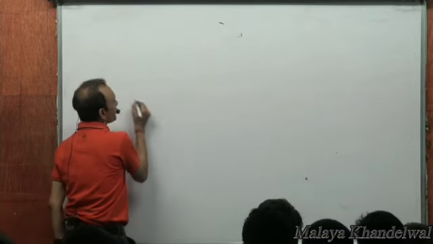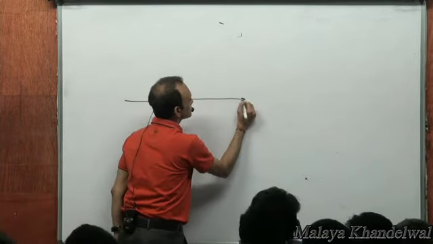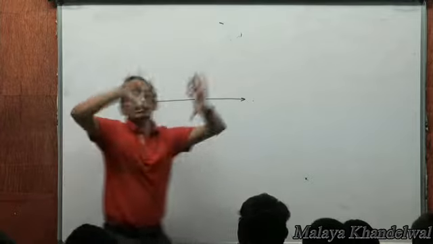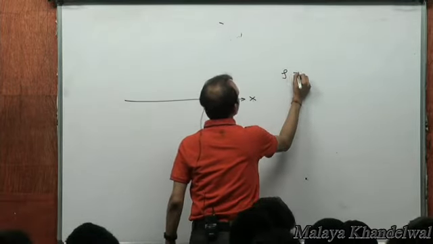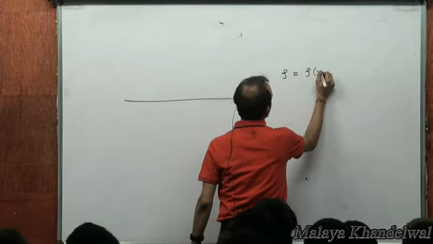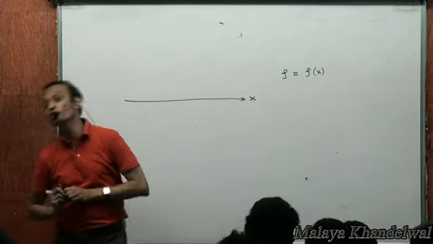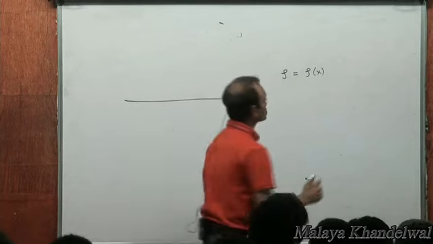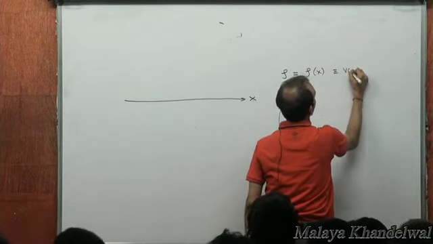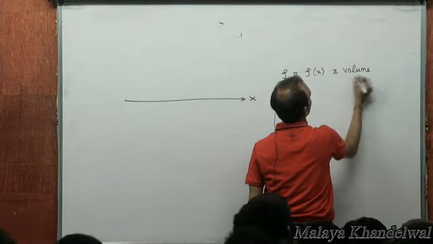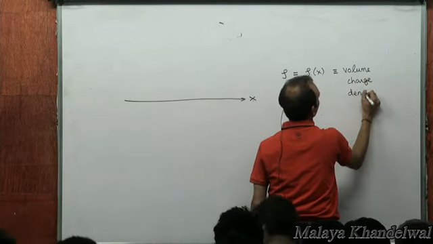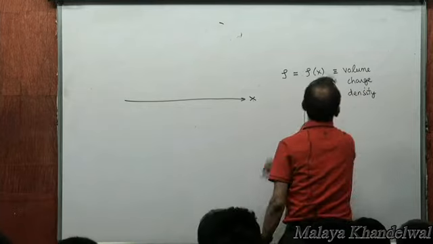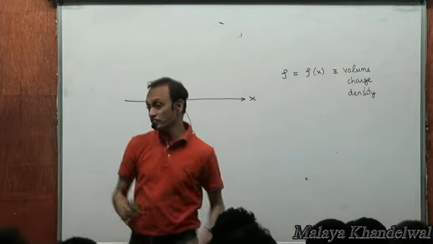Now, see, in a given direction, there is charge distribution. This is my x direction. Suppose charge is distributed as a function of x. This is volume charge density as a function of x.